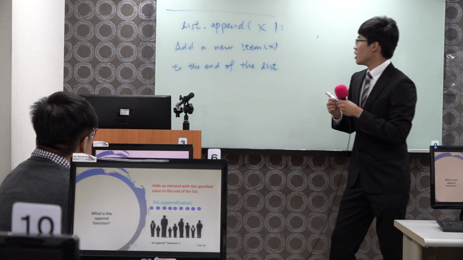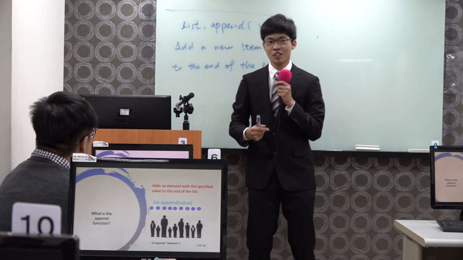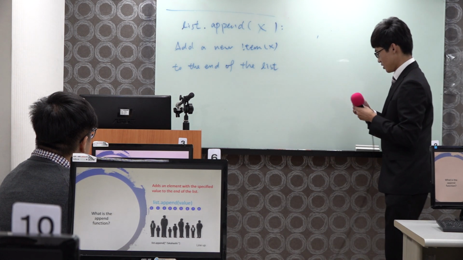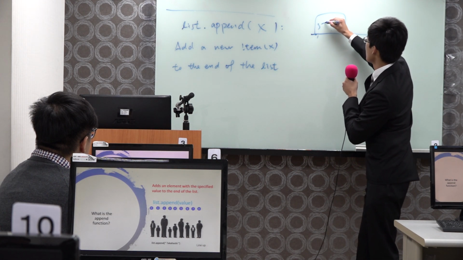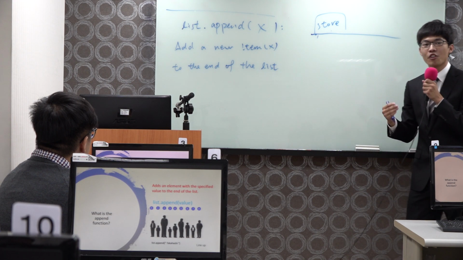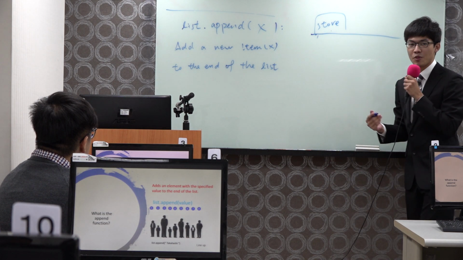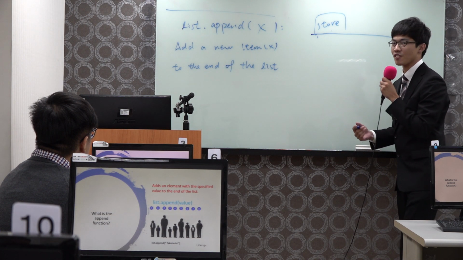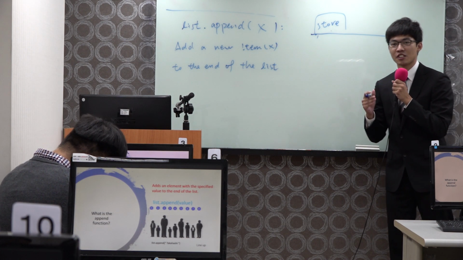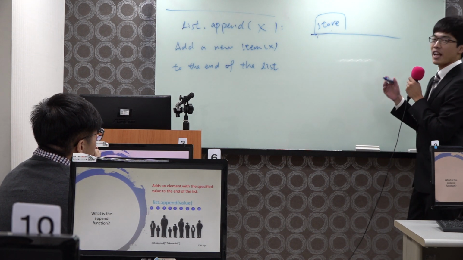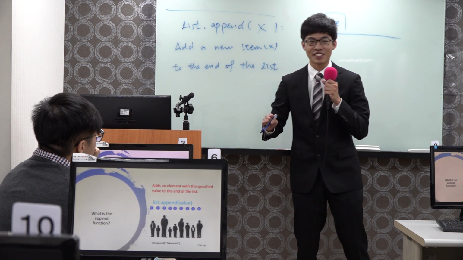Okay, so the function append is just like a line-up. Let's imagine there is a store, and the store is newly opened. So all the commodities are on sale, or you can buy 1 get 1 free. So many people come here just to enjoy the discount. But the problem is there are too many people, so the store is crowded. The manager says, people, all of you come to buy our product, great, excellent.